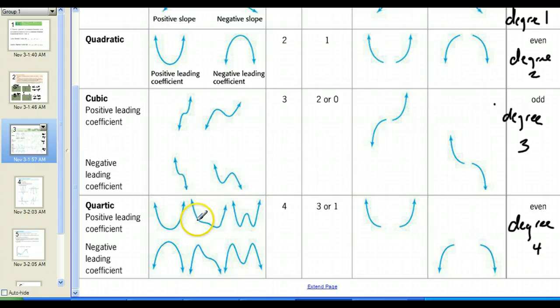So this is what I was talking about, 3 subtle little turns, or 3 drastic turns, or 1. It's just saying 1 complete turn. That's if you have just something like x to the 4th. It's just going to look like a slow, kind of flattened out quadratic. So be aware of that, especially with the cubic. 0 turns does not mean it's going to be a line. It's just no drastic U-turns.